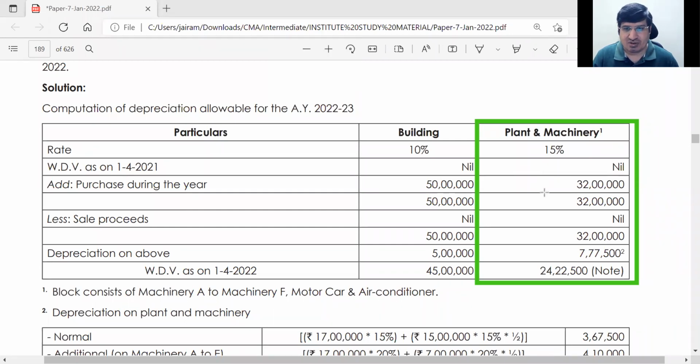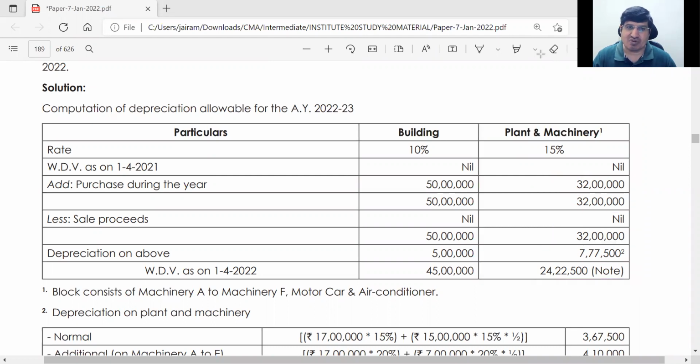Okay, so opening was nil, purchase was 32 lakhs we had counted, correct? So balance was 32 lakhs, sale is nil, then again balance is 32 lakhs, and this is depreciation we calculated now. So this minus this gives you WDV. Okay, understood? बस ये है next problem.